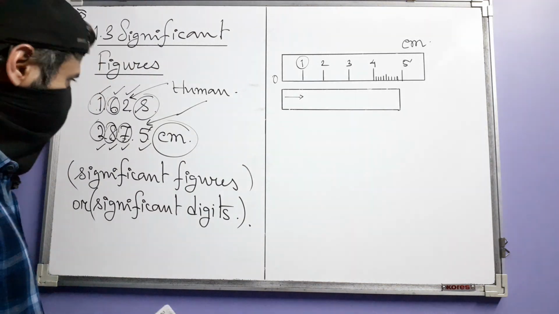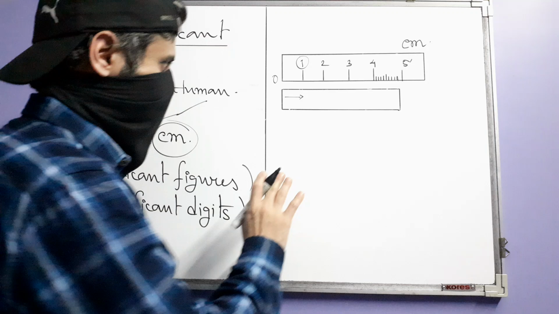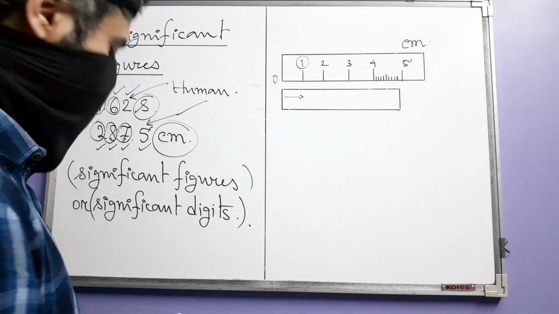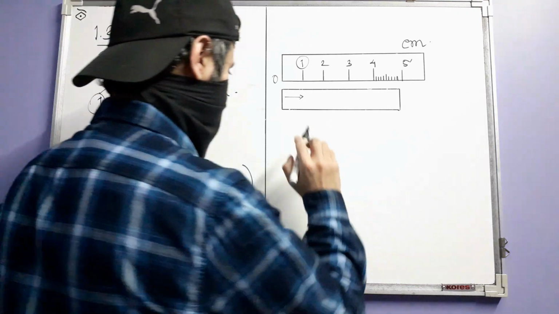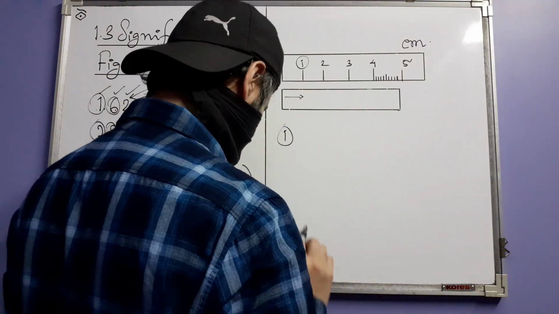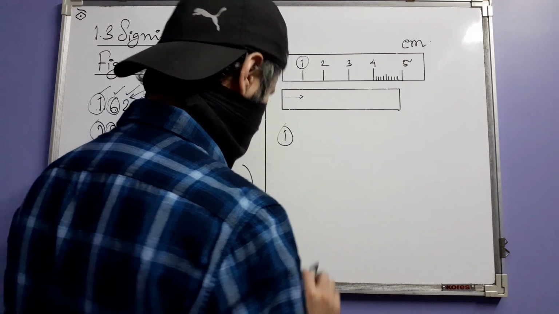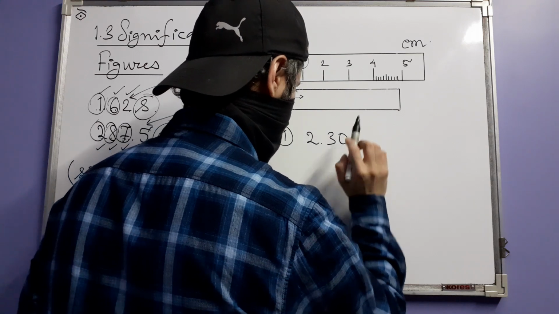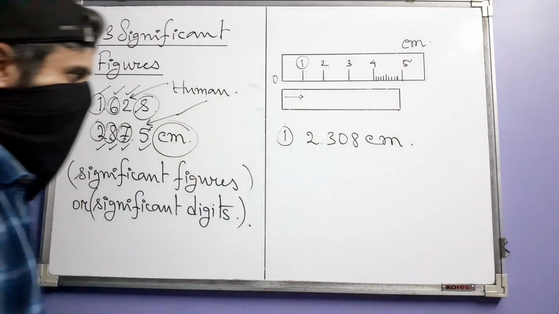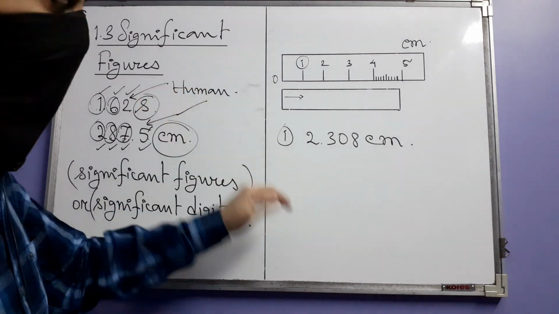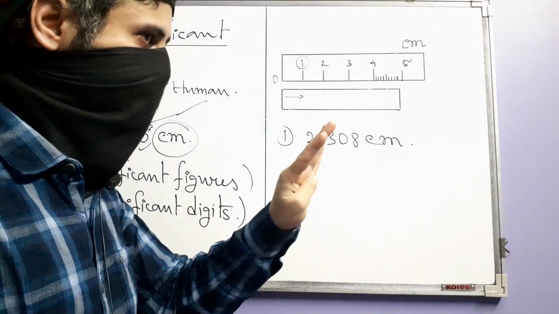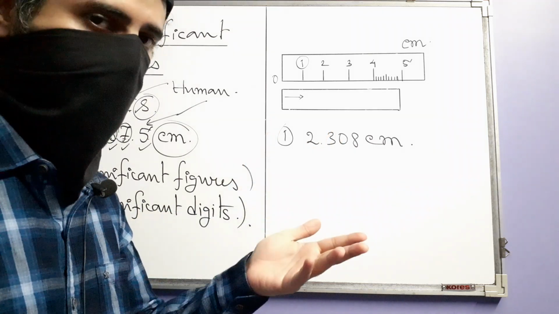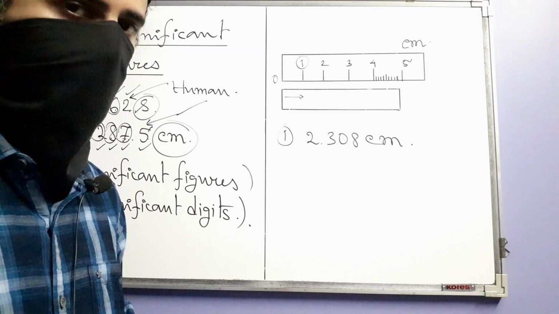Say, like this object, some other object has length, it's a long object, and its length was found to have this value, 2.308 centimeter. So you know again that there are 4 significant figures. Among them, 2, 3 and 0 are certain digits, and this 8 is the uncertain digit.